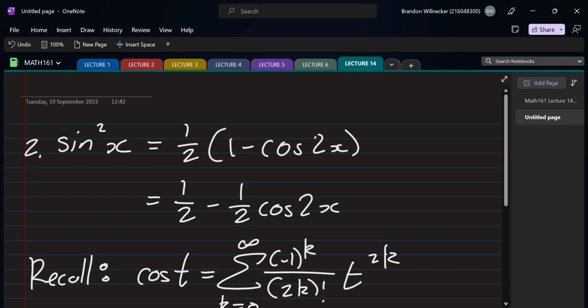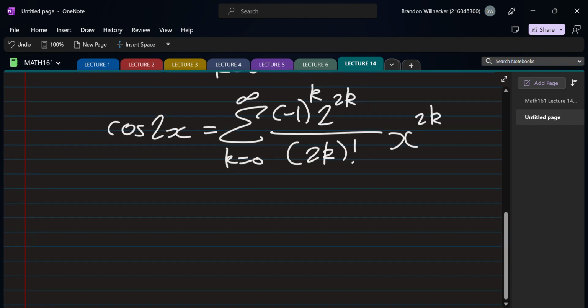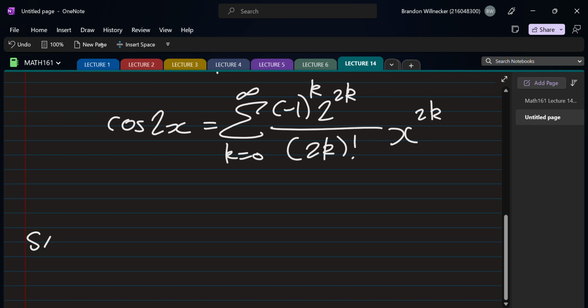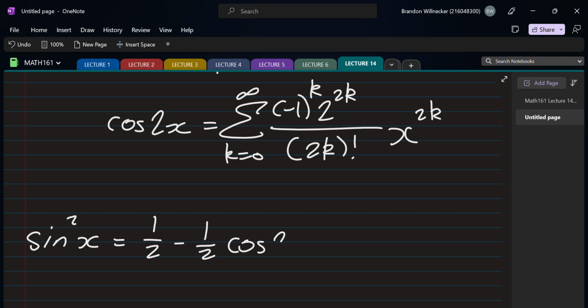But here we want 1/2 minus 1/2 cos 2x. So we just take the series and then we substitute it. So sine squared x, that's 1/2 minus 1/2 cos 2x, but we've got that already.